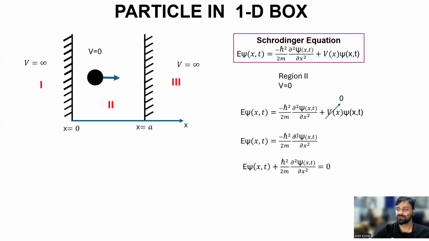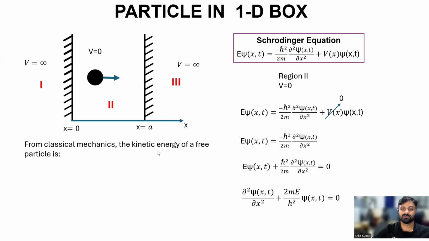Once you rearrange the parameters in this way, you get a second order ordinary differential equation: ∂²ψ(x)/∂x² plus 2mE by ħ² ψ(x) equals 0. This looks like d²y/dx² plus m²y equals 0, where m² or k² equals 2mE by ħ².